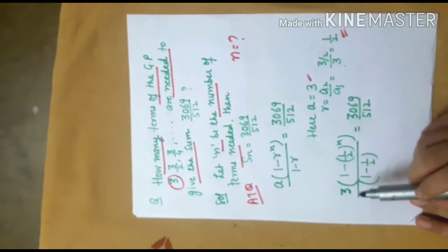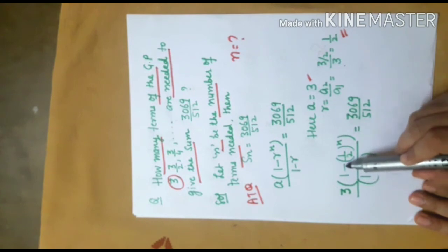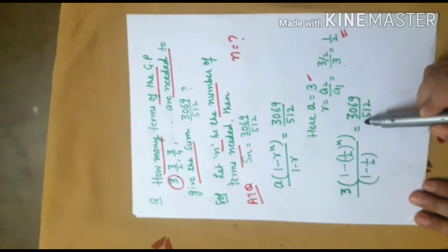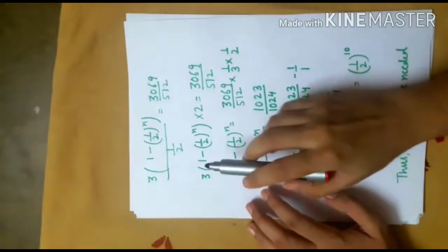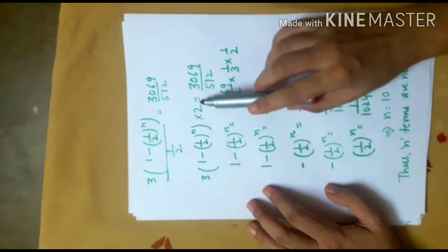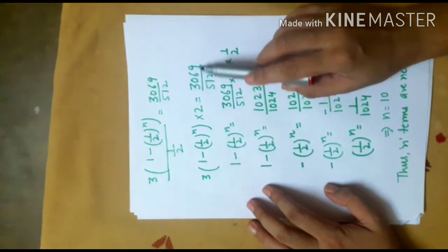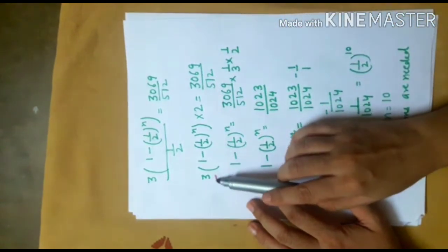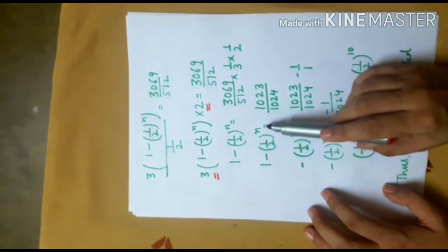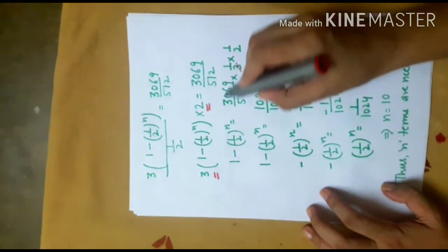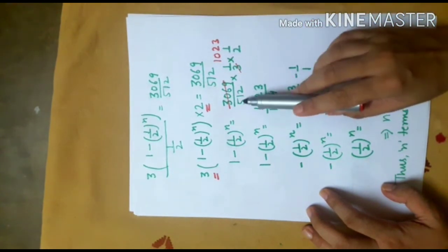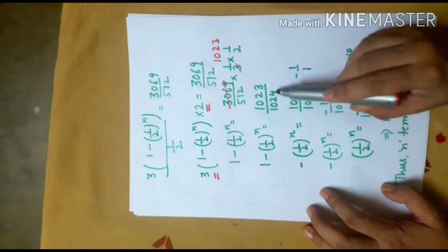On substituting the values, I'll get 3 into 1 minus 1 by 2 raised to the power n over 1 minus 1 by 2 equals this. So I'll get 3 into 1 minus 1 by 2 raised to the power n into 2 will be equal to 3069 over 512. Transposing these terms to the other side, I'll get 1 minus 1 by 2 raised to the power n equals, cancelling out this, 1023 over 512 into 2, which will give you 1024.